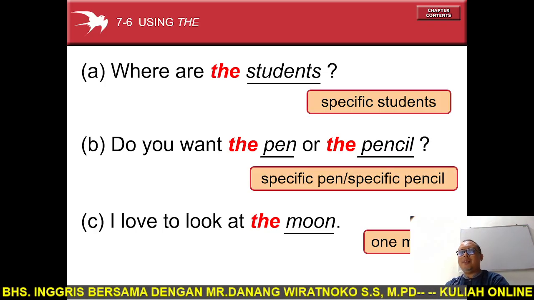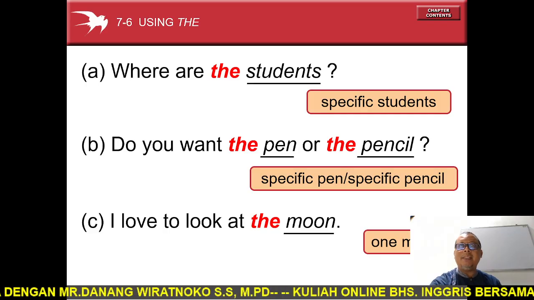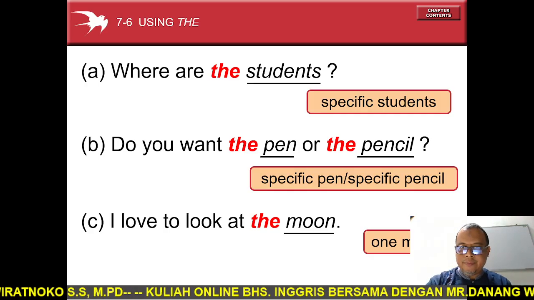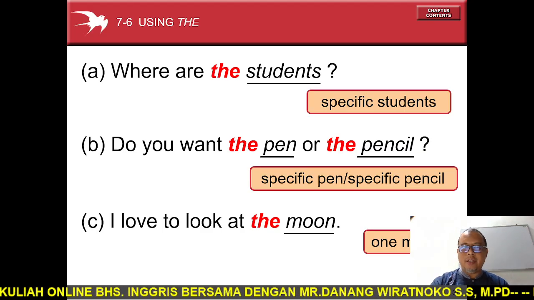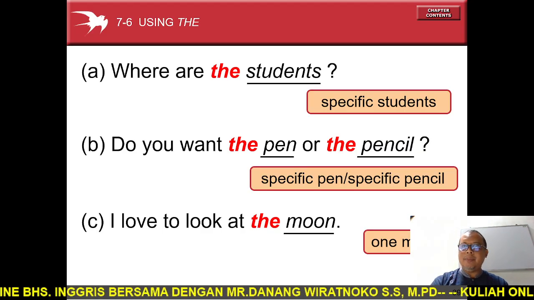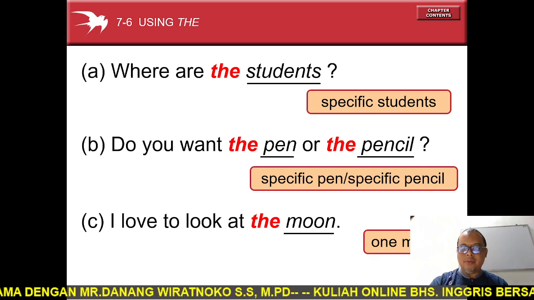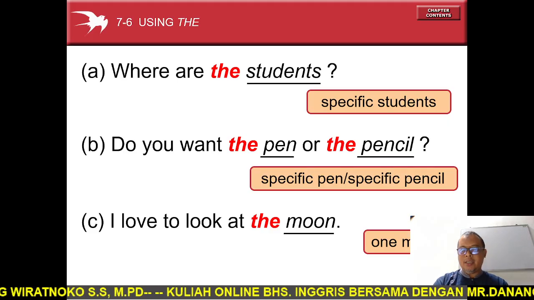Okay, so here, when we use "the", it means that the speaker and the listener know what object. Jadi kalau kita menggunakan article the, itu si pembicara dan si pendengar pasti tahu benda yang dimaksud. Baik itu si speaker ataupun si listener. Okay?